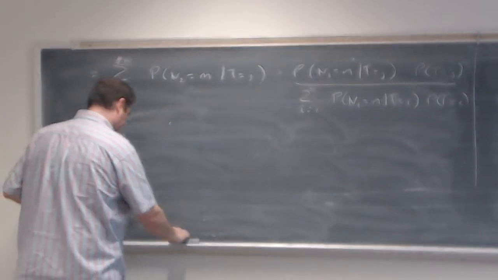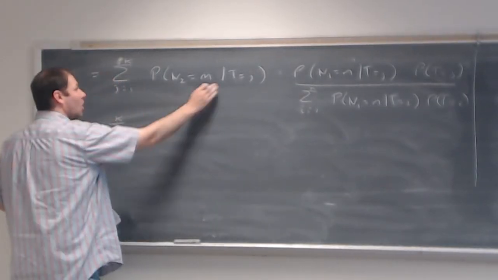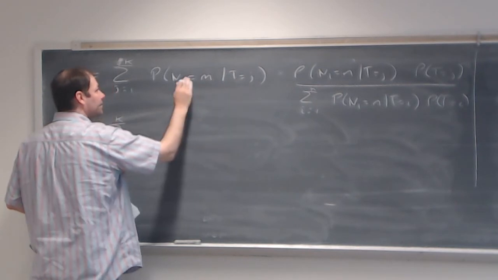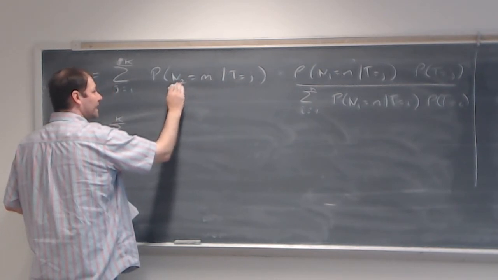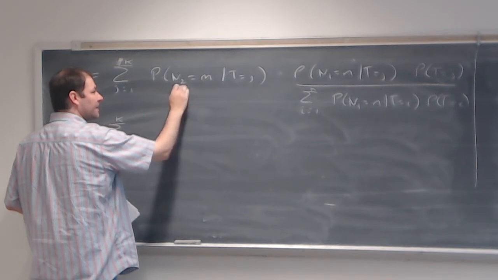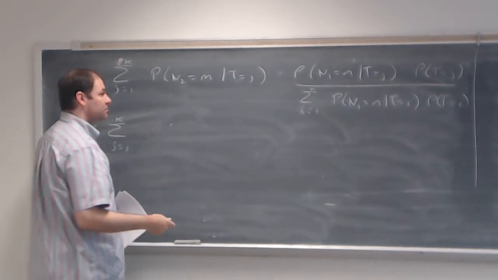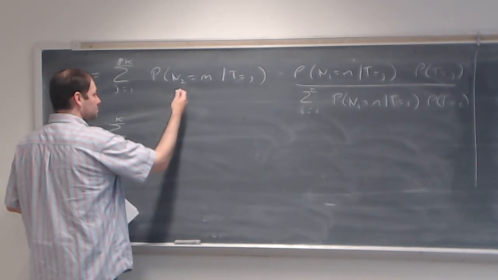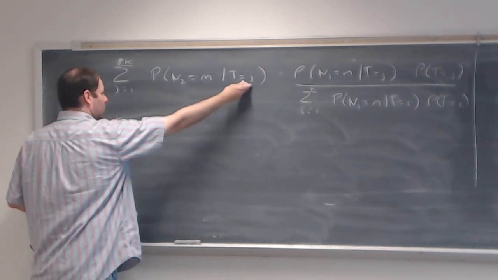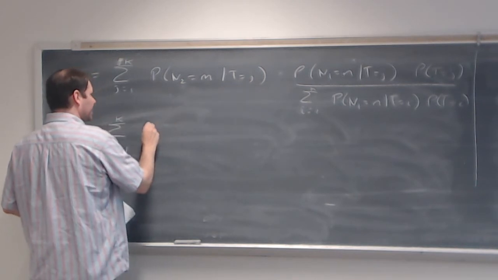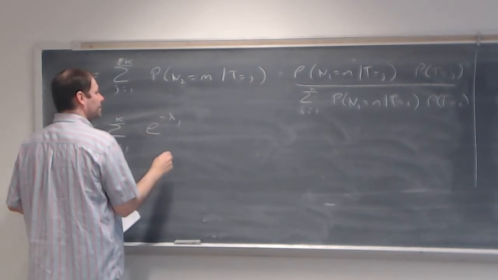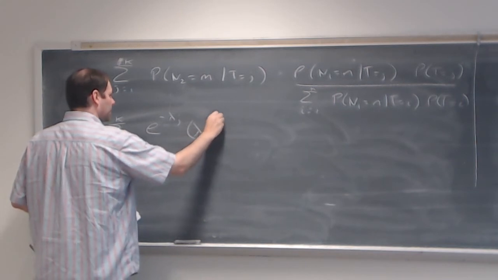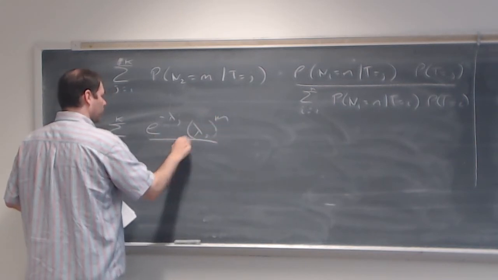Here, we should know what this is. Because I'm being told that the type is j, and we're being asked the probability that n sub 2 is equal to m. Now I know n sub 2 is a Poisson distributed random variable with parameter lambda sub the type. So what I would get is e to the minus lambda sub j, lambda sub j raised to the m over m factorial.